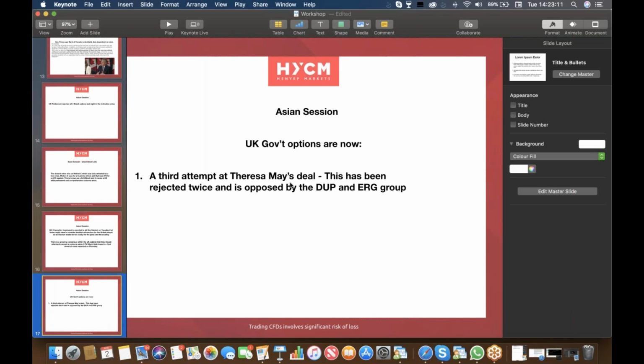Their concern is there's going to be a border between Southern Ireland and Northern Ireland, and it's going to effectively cut Northern Ireland off from the UK mainland. That's why the DUP won't accept Theresa May's deal. It's because of the Northern Irish backstop problem, to do with what happens with that border.